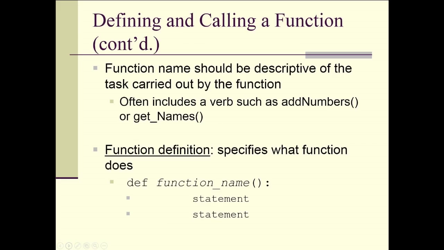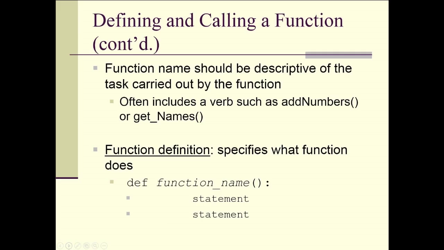For instance, just saying function doesn't really tell you anything. But get name would tell you what that function is supposed to be, or add numbers. So try to make the function name descriptive of what it does, so that it's a lot easier to find it and figure out what a function you're looking at does. It'll give you a quicker look at what it's supposed to do.